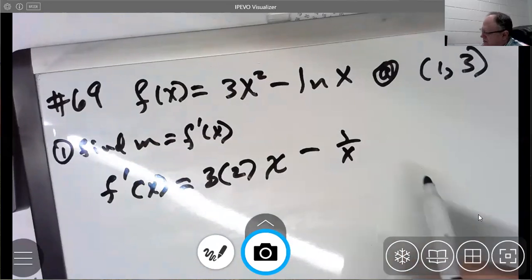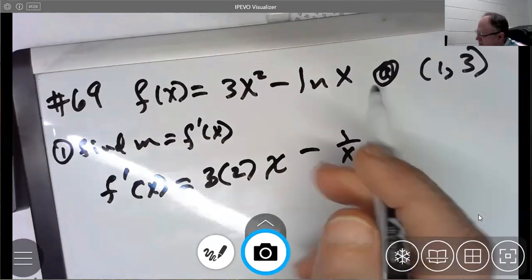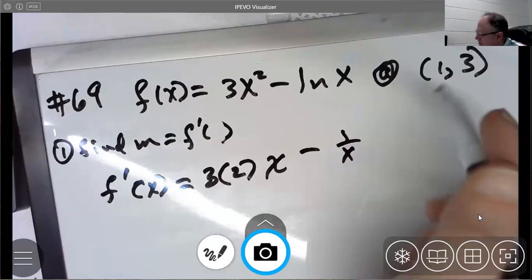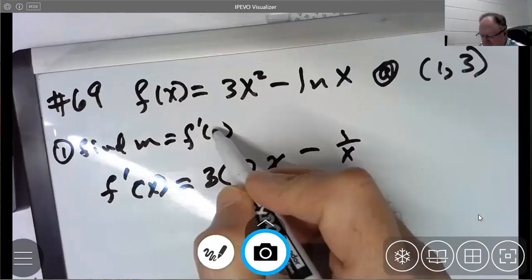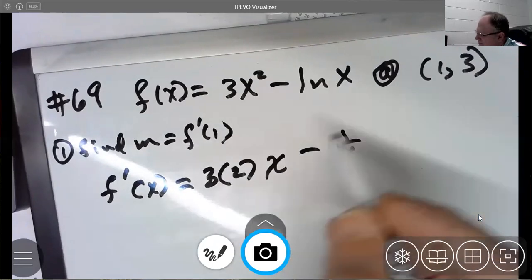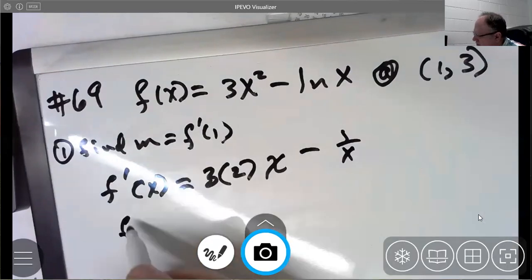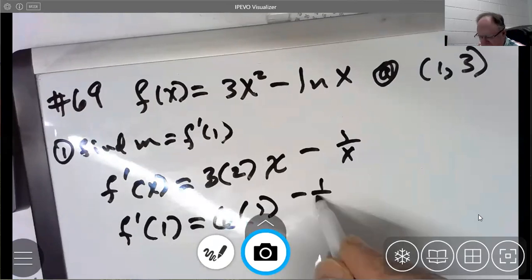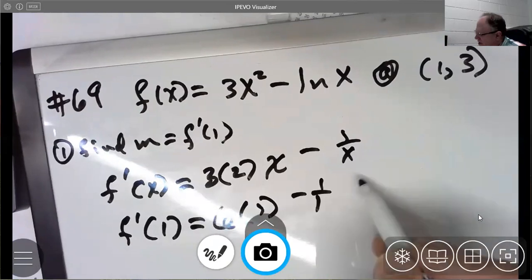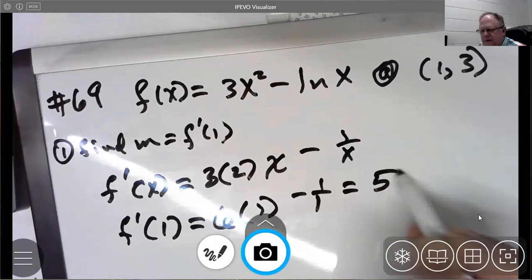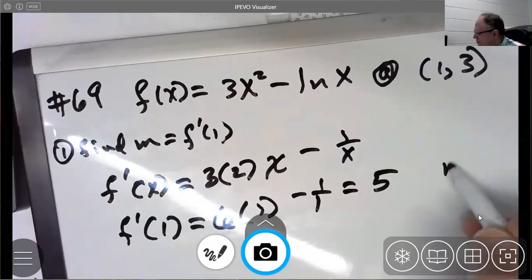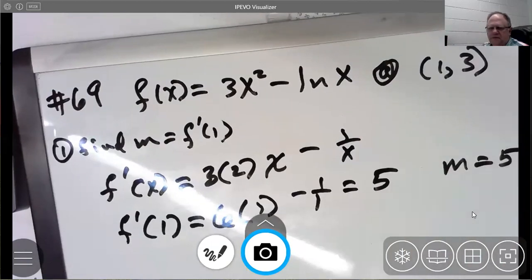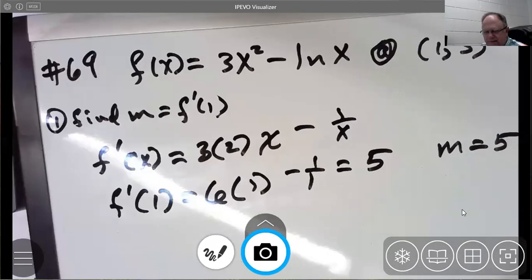Okay, so now to find the slope, once we find the derivative, we put the x coordinate in there. So f prime of 1 equals 6 times 1 minus 1 over 1, and we get 5. So therefore our slope equals 5. Questions with that so far?